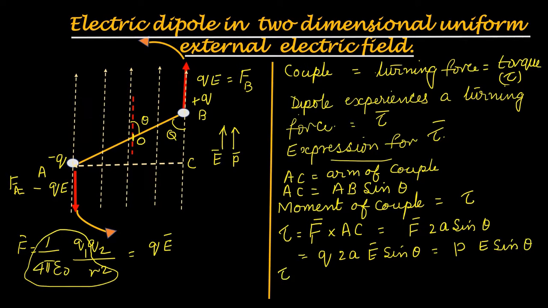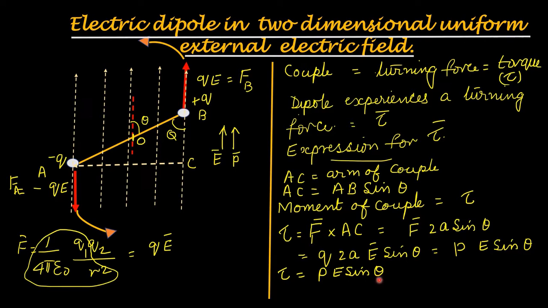So torque is equal to PE sin theta. So if three quantities are known, that is P, external electric field, and the angle between electric field and dipole, then it can be calculated. For the same value of P and external electric field, torque depends on the angle in which it is aligned.